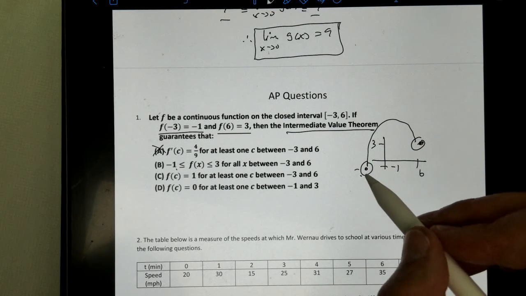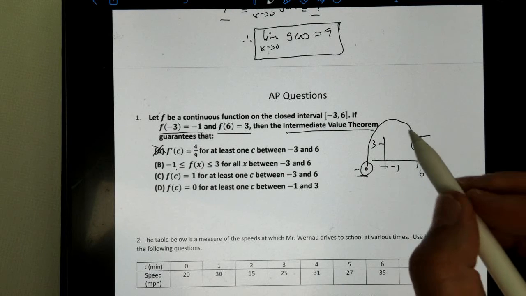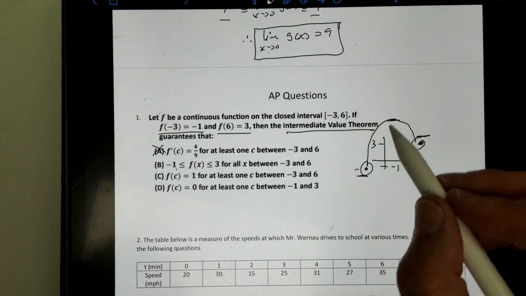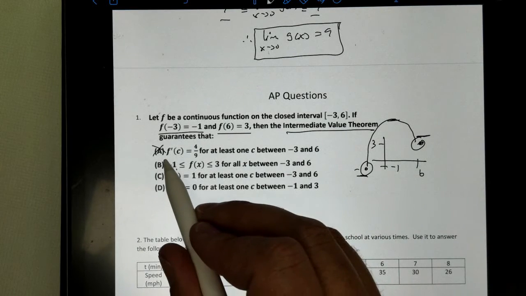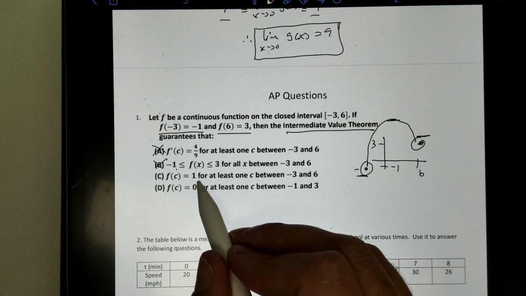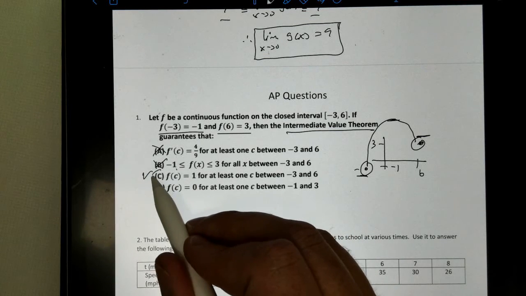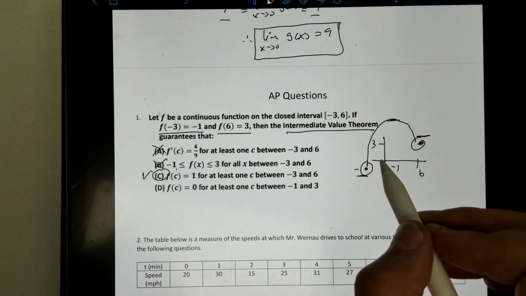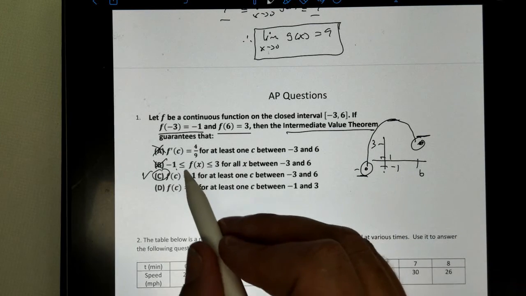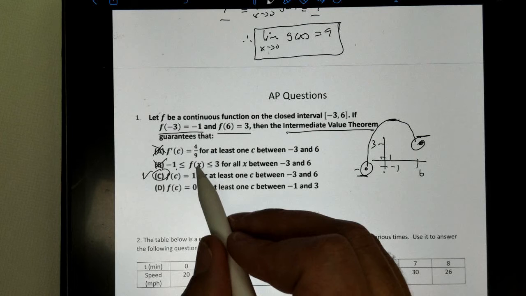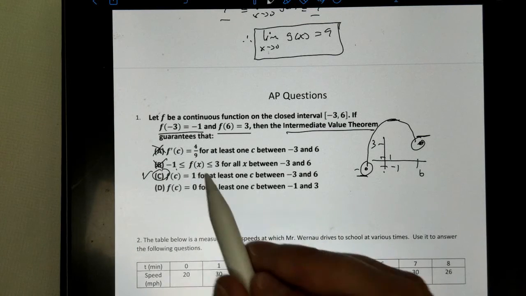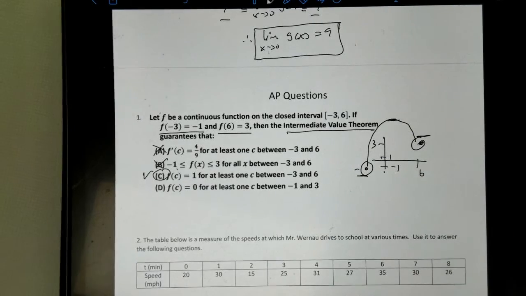I only know where we start and where we end. We can't guarantee anything outside of that range right here. So that can't work. The next one says that the value of c has to be 1. That's the only one that works, because 1 is between -1 and 3. So this is saying the y values only can be between -1 and 3. But I can clearly have a function looking like this.